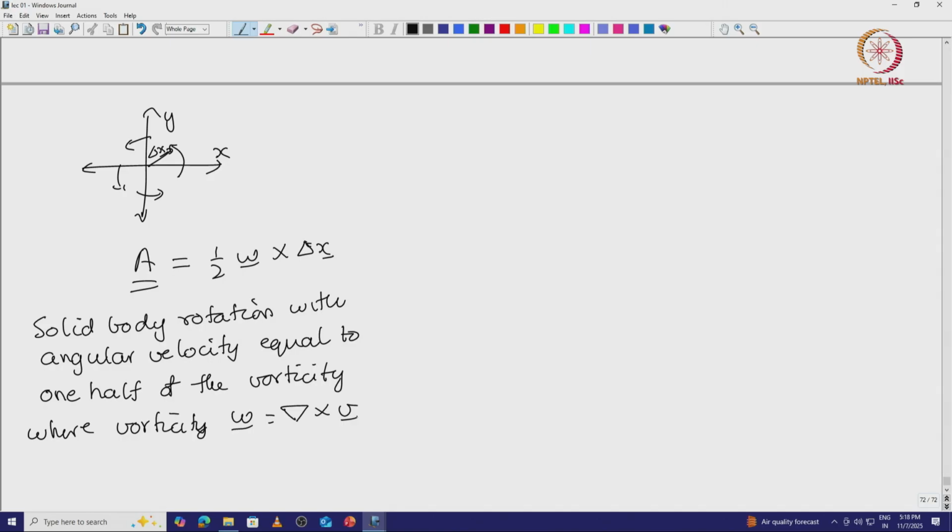So, that means that this is a solid body rotation with angular velocity equal to 1/2 of the vorticity. So, that is the antisymmetric part.